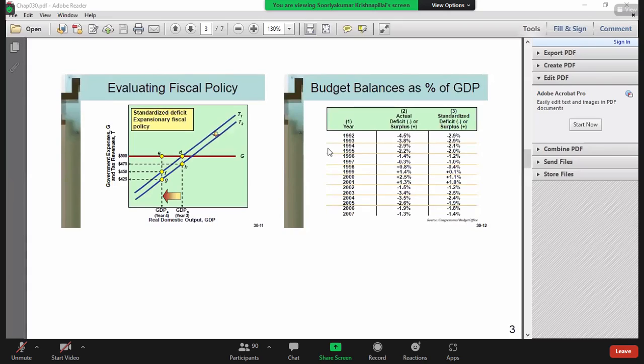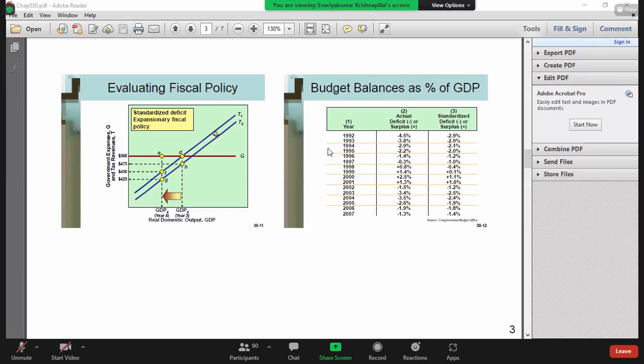Now suppose the government expenditure is the same, but at the full employment the tax revenue is 475. So to reach the full employment GDP, at that point government expenditure is 500 million, but tax revenue is 475.